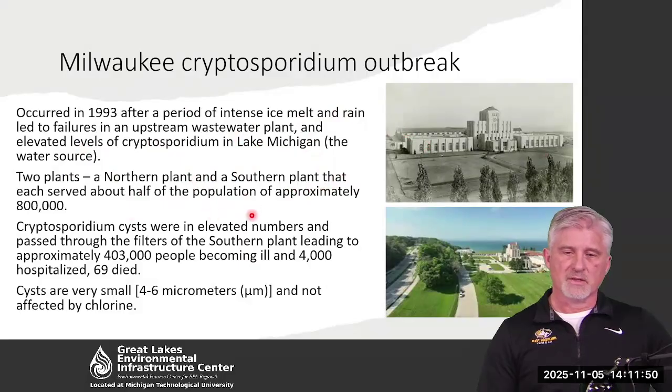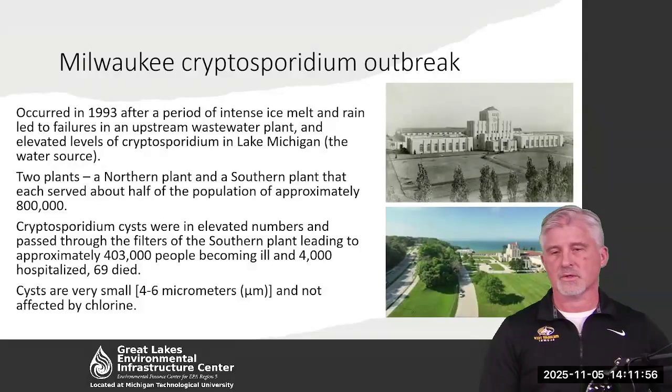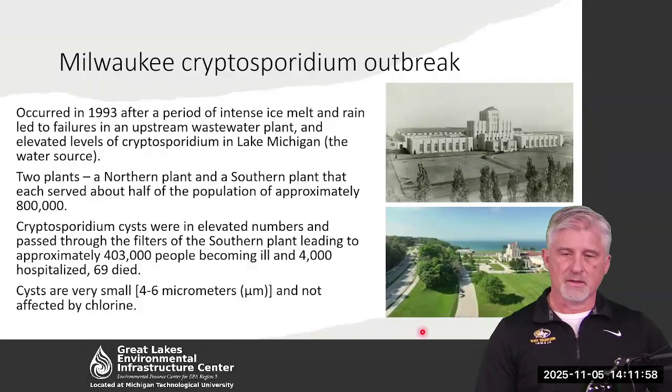So they had a northern plant and a southern plant, and each one of them served about 400,000 people. It turns out that there were Cryptosporidium cysts in elevated numbers, and they passed through the filters at the southern plant, and that caused 403,000 people to become ill, 4,000 hospitalized, and 69 dead.